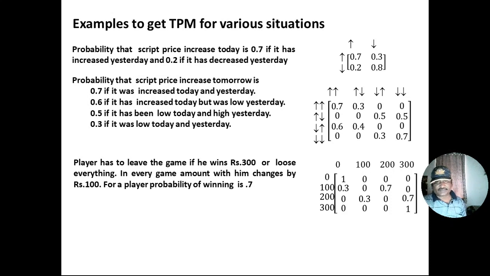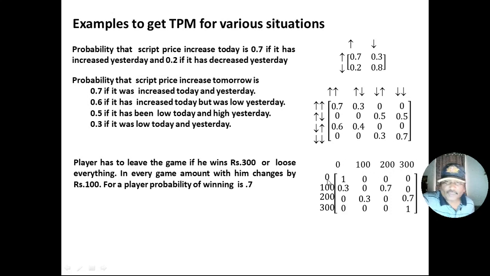But it will be better if you are able to write these states yourself. The player will be having this much amount after the game, and this much amount once again.